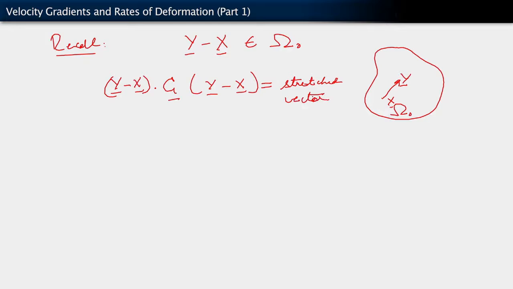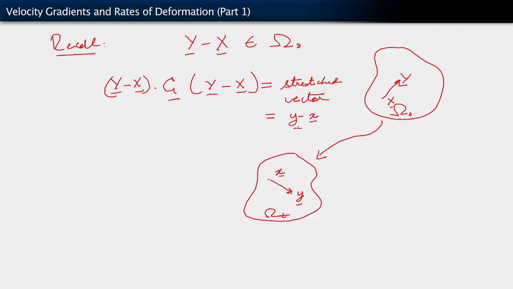Okay? And we've been writing this as in omega sub t. We've been calling the new position of those points little y and little x, right? Okay? And we saw that this is essentially little y minus little x, Euclidean norm squared.